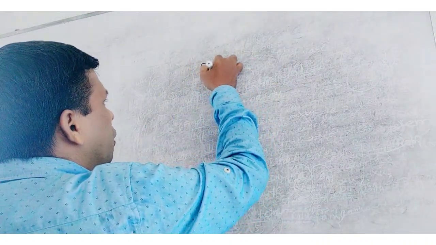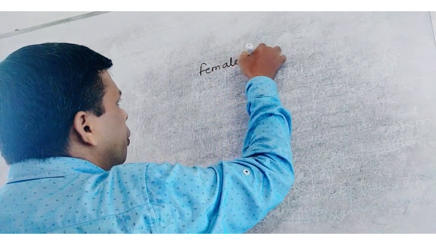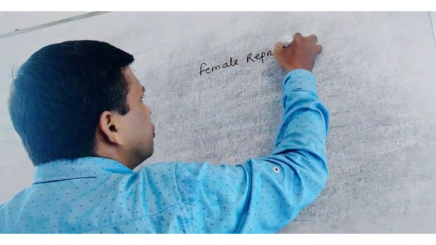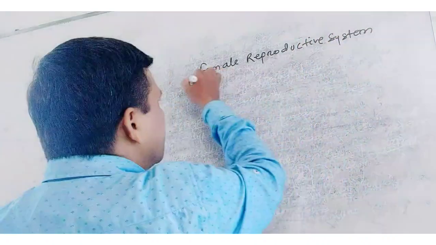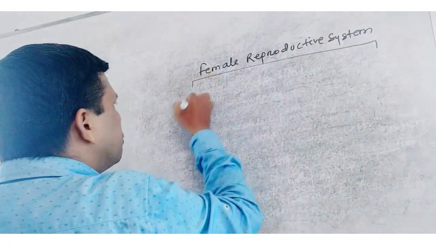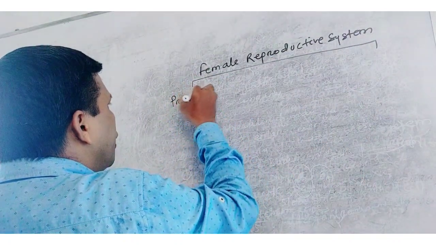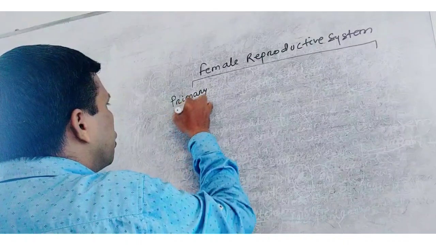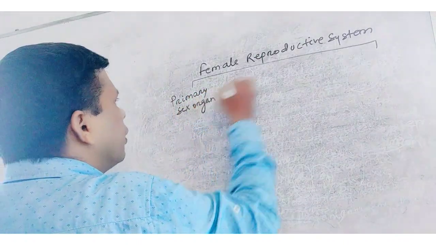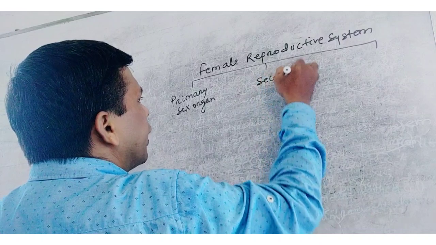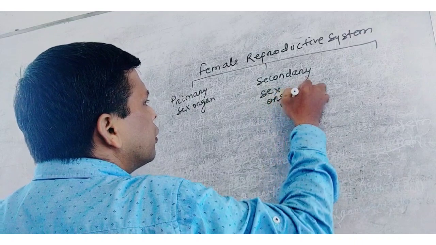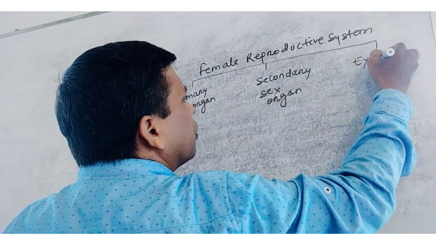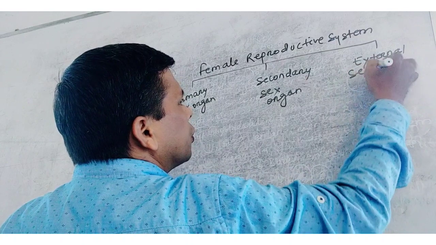This female reproductive system is divided into primary sex organ, secondary sex organ, and external sex organ.